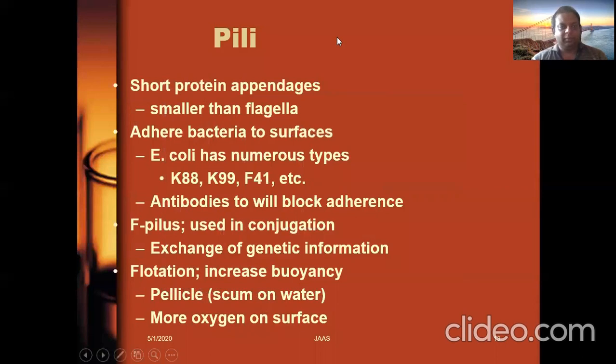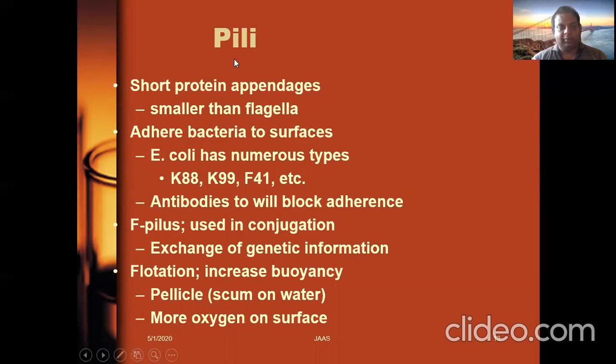Fimbriae are short protein appendages, smaller than flagella. The main advantage is adherence of the bacteria to surfaces. As we discussed in the earlier lecture on host-microbe interaction, adherence is one major factor.